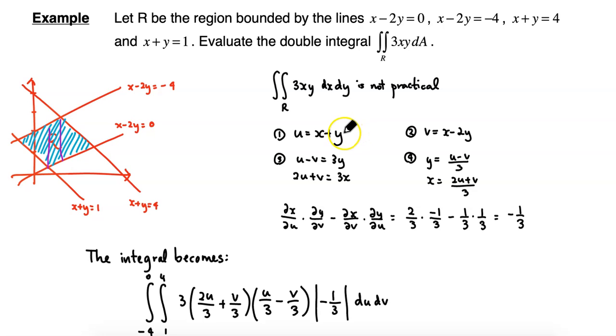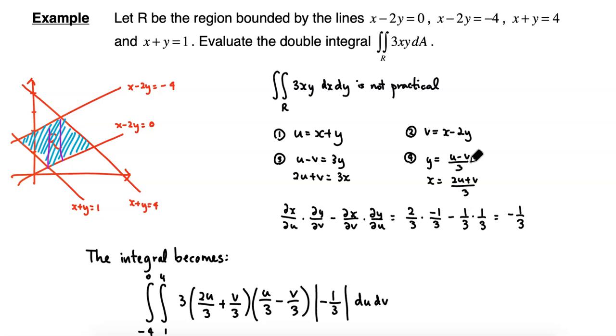If u equals x plus y and v equals x minus 2y, we have to solve these for x and y, because what we need is partial x partial u, partial x partial v, and so on. With a little manipulation, x equals (2u plus v) over 3 and y equals (u minus v) over 3.